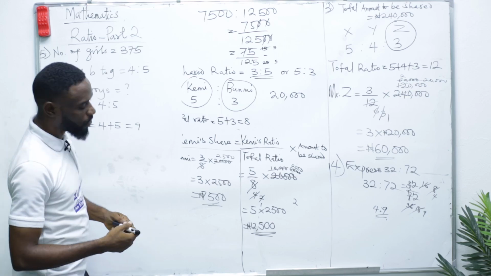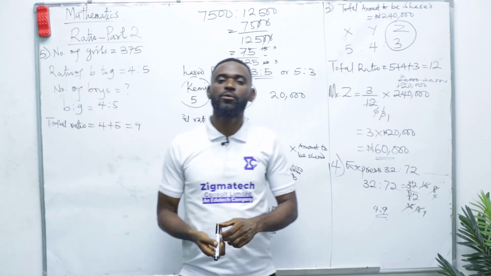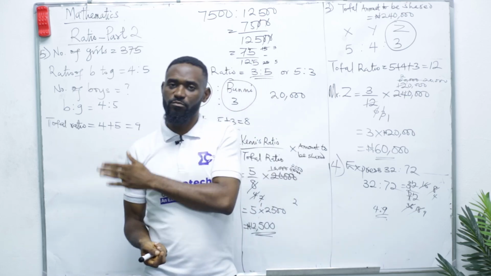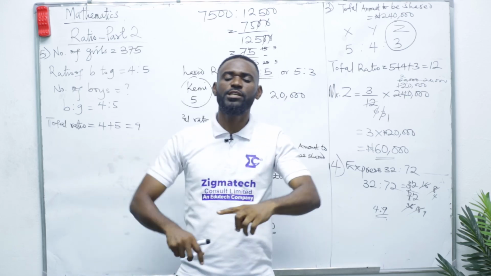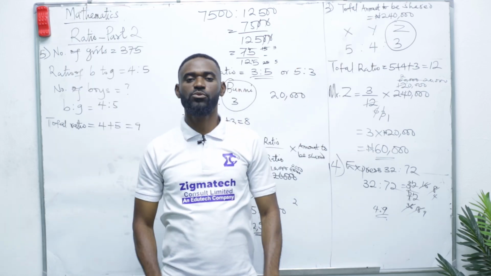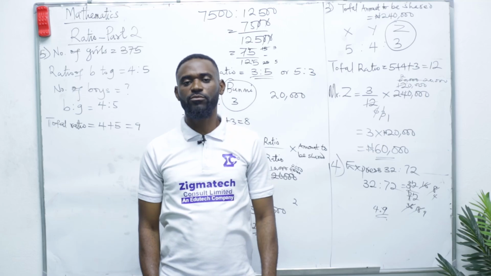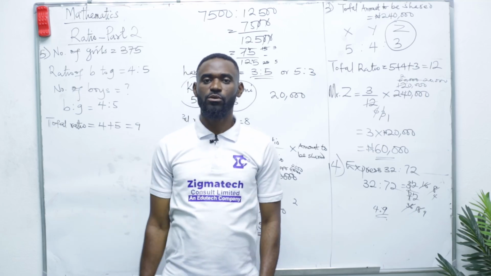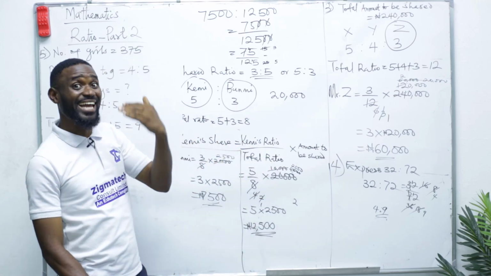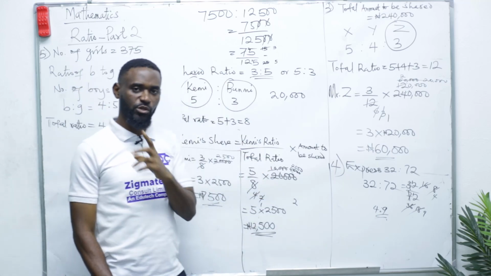For us to know the number of boys, let us know the total number of students in the school. Since we have the information about the total number of girls, we can get the total number of students.